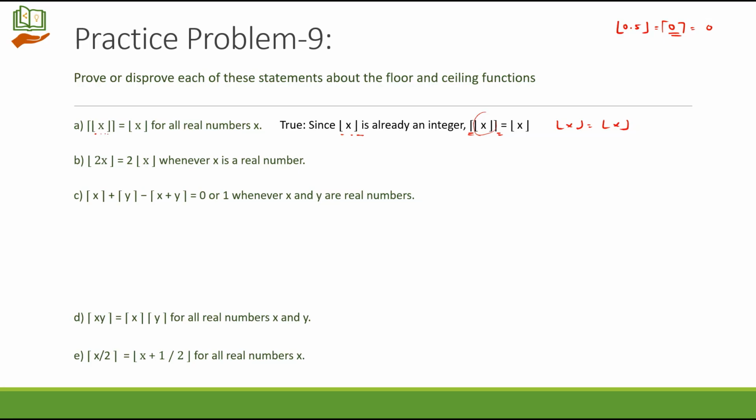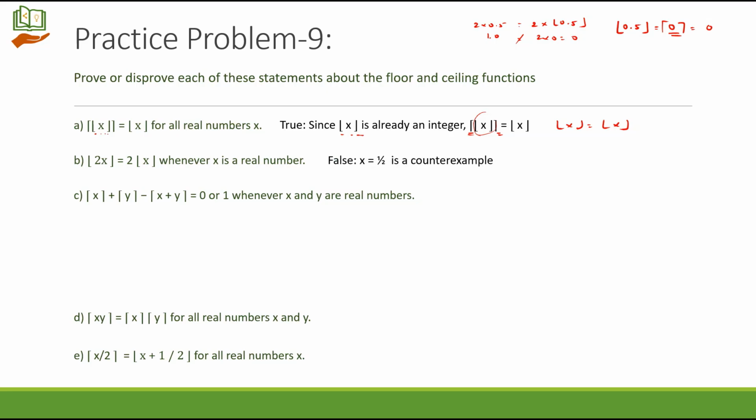Next one we have floor of 2x is equal to 2 times floor of x whenever x is a real number. Just check 2 into 0.5 will be 1.0, and here 2 into floor of 0.5, which is 2 into 0, will give you 0. So they are not equal actually. This is false.